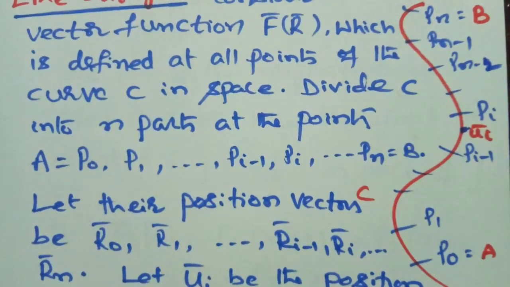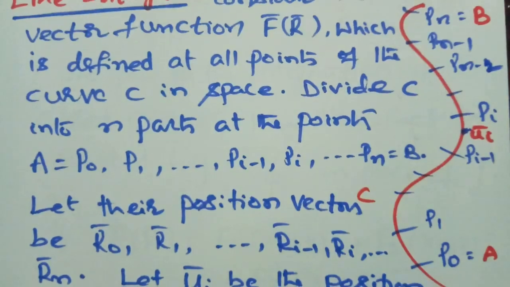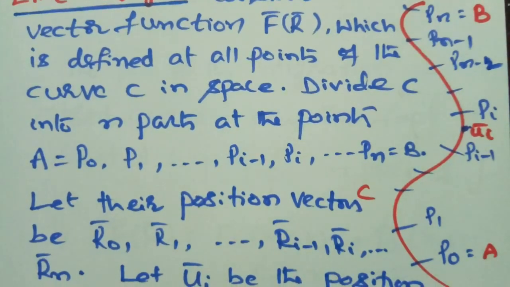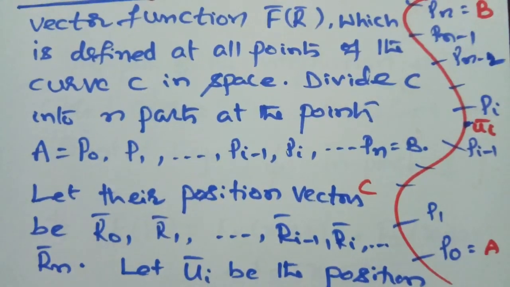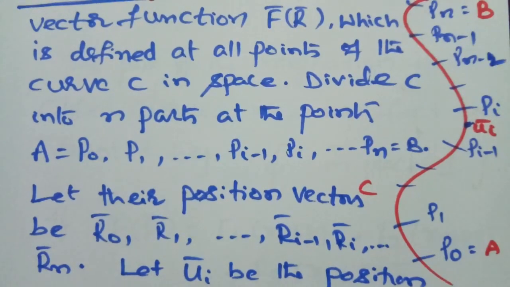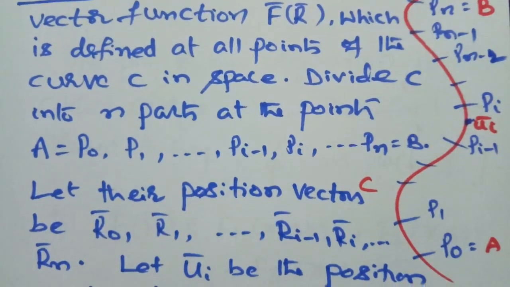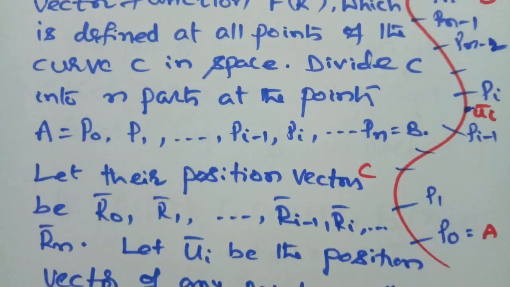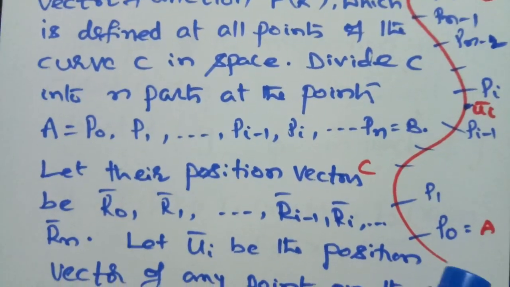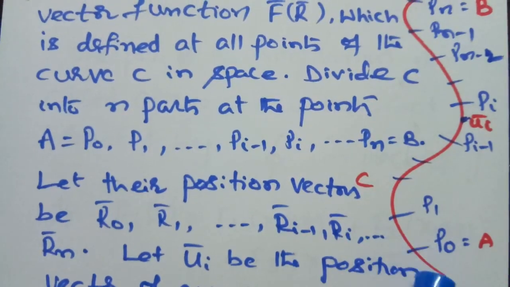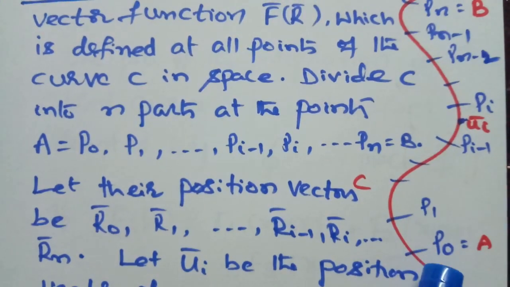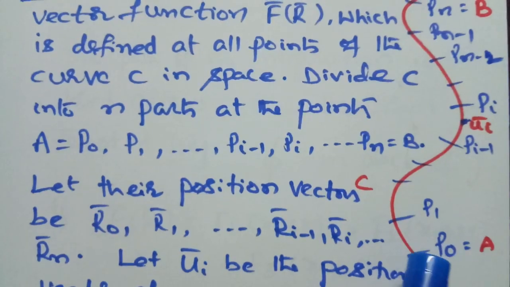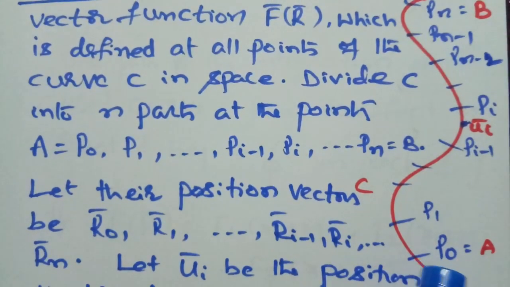Then we can divide this into half, 0.5, again 0.25. Like this we have to keep reducing the distance between all the points. Then the distance between any two points tends to 0, which means all the points are almost neighboring points.